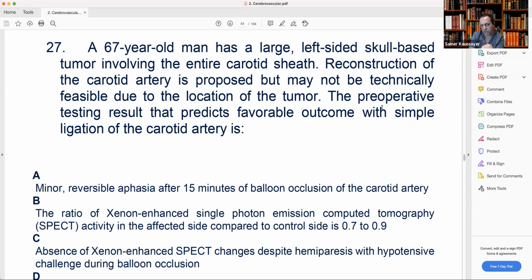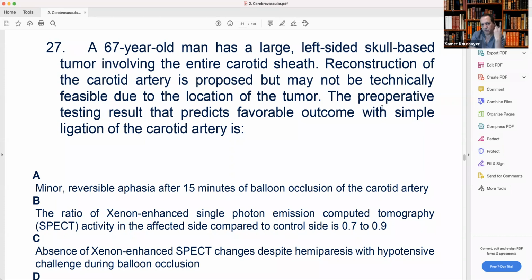If it goes beyond 0.9, that means this occlusion is serious. Usually when we do that, if the patient is awake, you just inflate the balloon and see if he responds and if he gets any symptom, which is much easier.